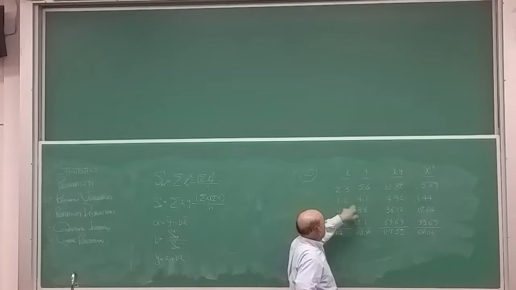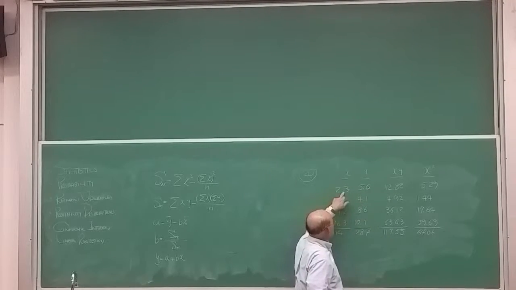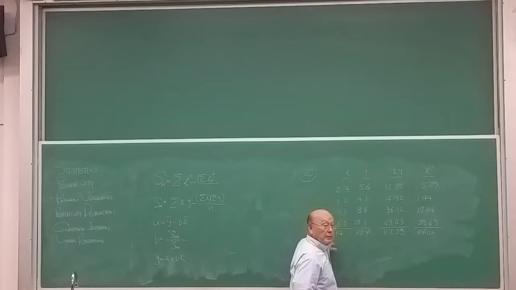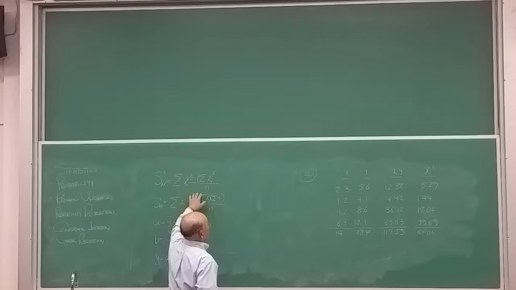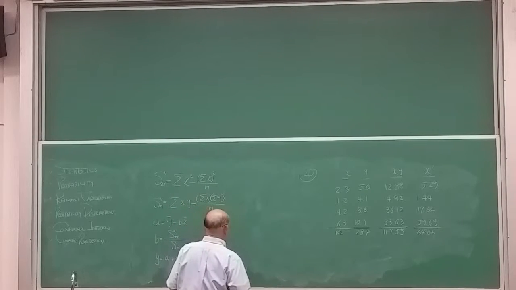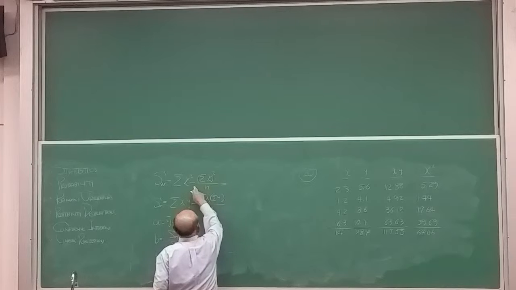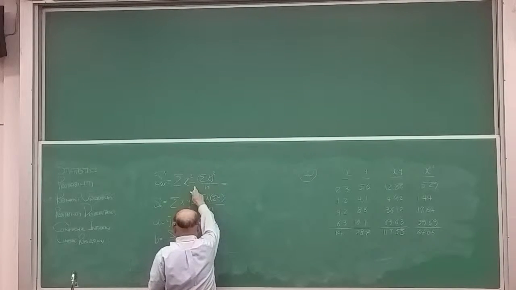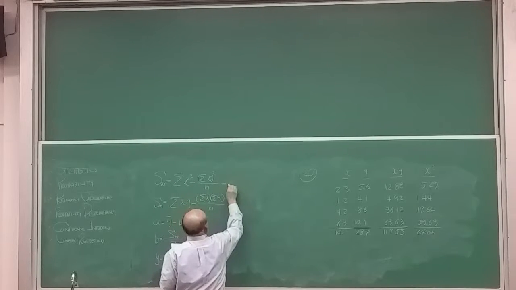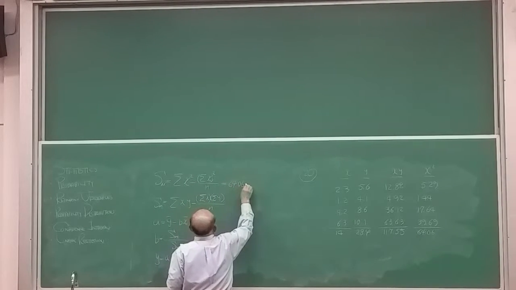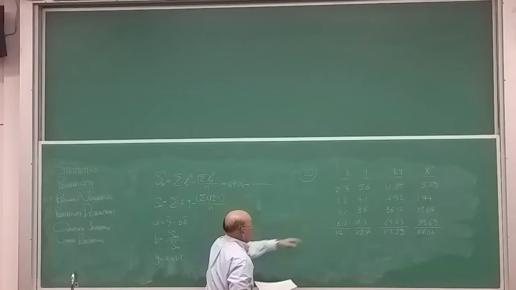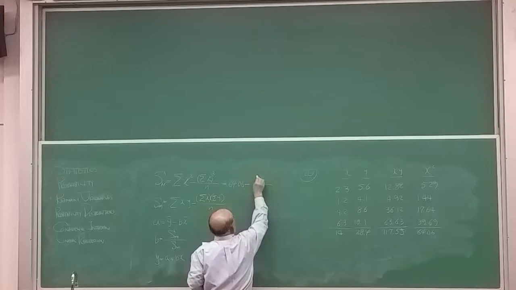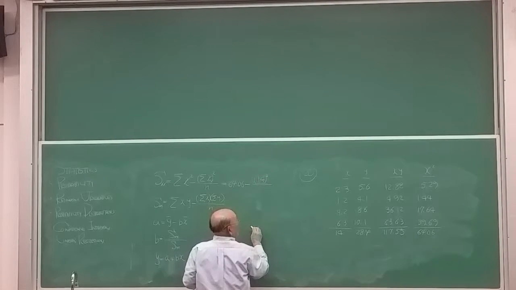These are given. I multiply, I get this value, square it, I get this, and add them up. So I'm going to just plug in the number here. That is summation of x squared is 64.06 minus x squared, 14 and then square it.